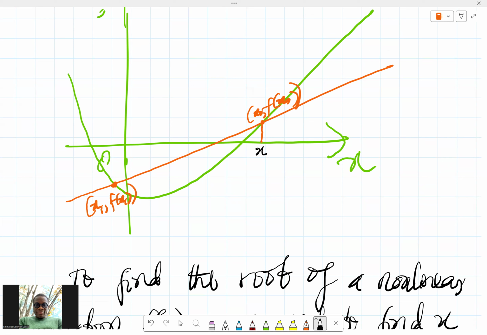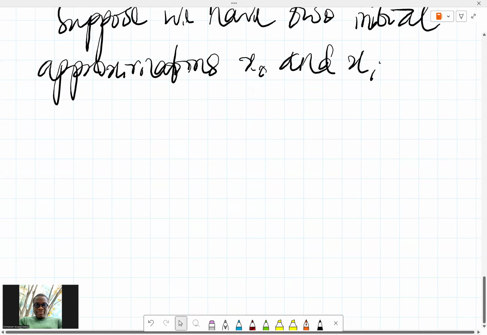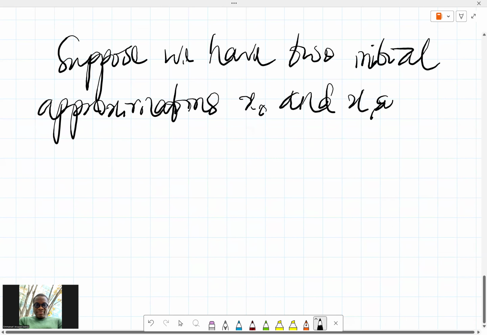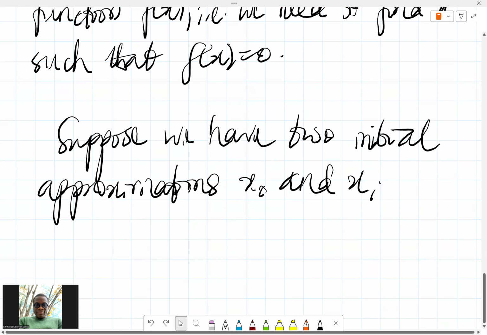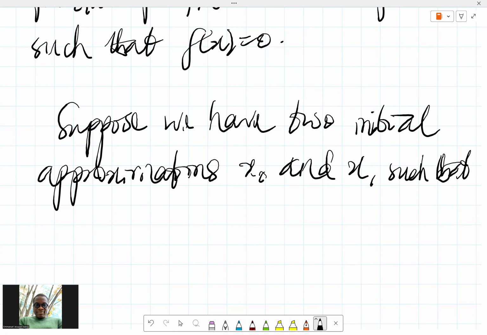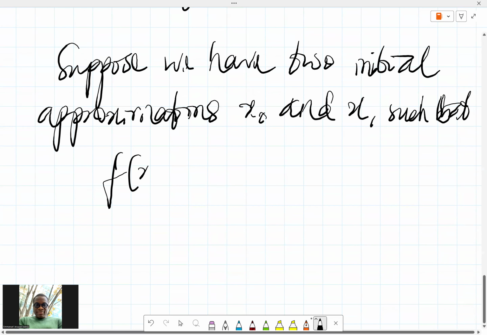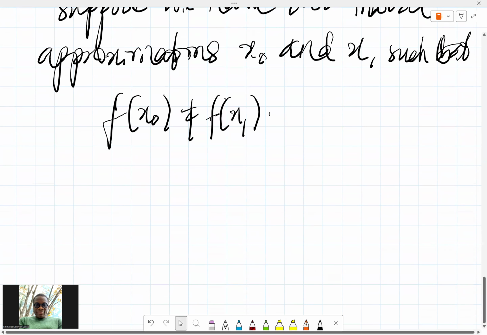So this is x naught and this is x1. These are the initial approximations. Second, we have this such that f of x naught is not equal to f of x1, because if they are equal, then the whole thing breaks down.